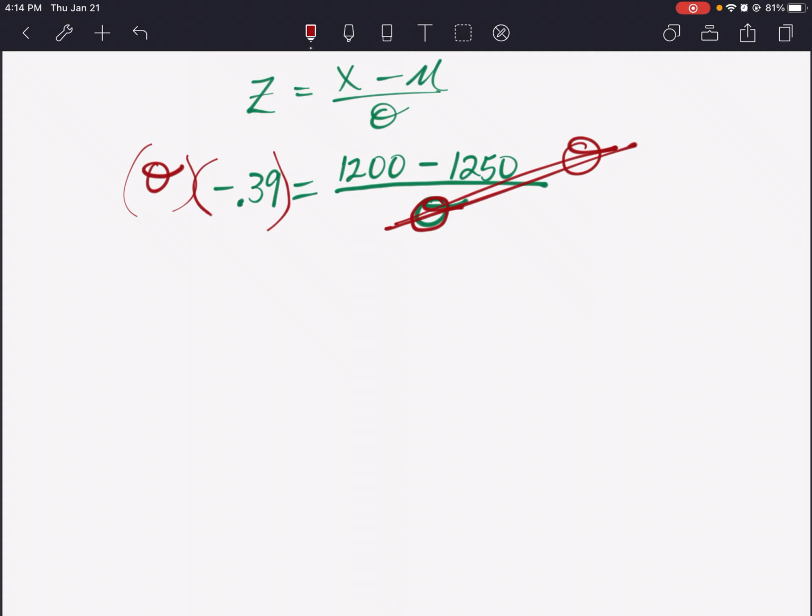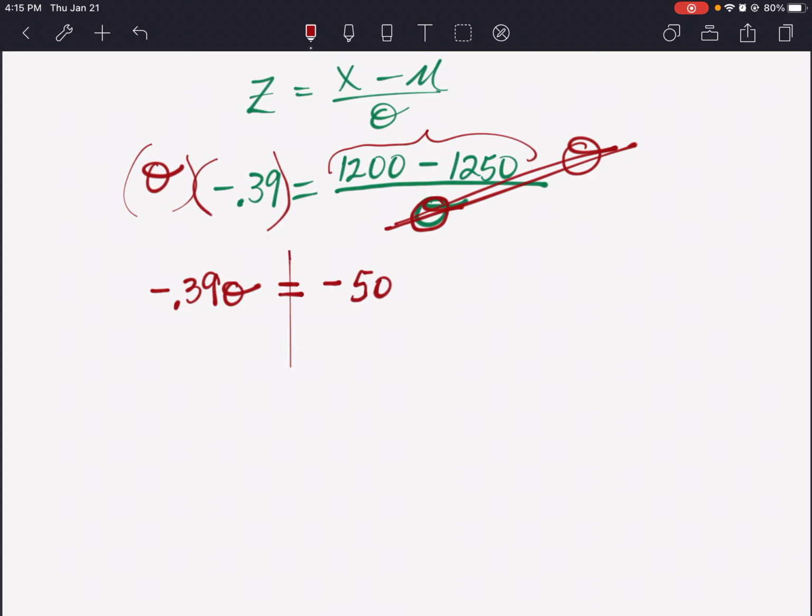Well, those aren't numbers. So remember how we like to write things with the number in front of the variable. So that's negative 0.39 standard deviations equals, and so can I just save some time here and go ahead and subtract that? 1200 minus 1250 is negative 50.